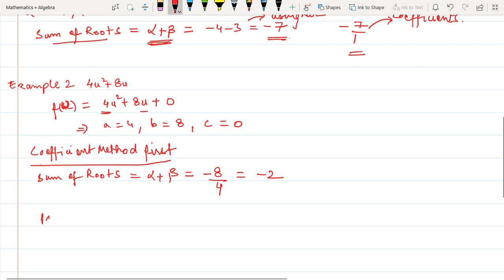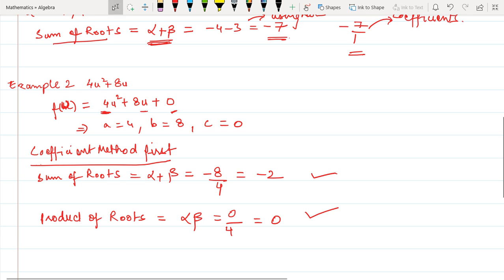And the product of roots, alpha beta, is equal to the constant term divided by the coefficient of x squared. The constant term is 0 divided by 4, which is equal to 0. So I got the sum of roots as minus 2 and the product of roots as 0.